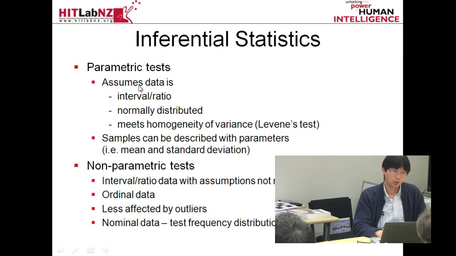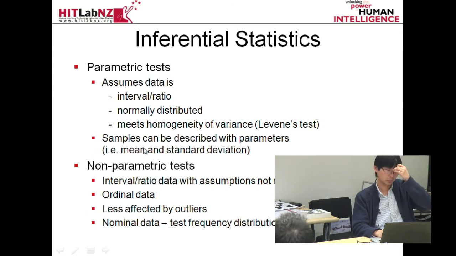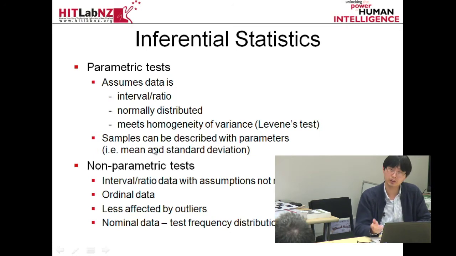The reason why it's called parametric test is because your sample can be defined by parameters, which is basically mean and standard deviation, as we've looked at in the descriptive statistics. If the data is normally distributed, then you can simply state your mean and standard deviation value, and that pretty much represents how your whole population is distributed around the mean. So that's why it's called parametric test.